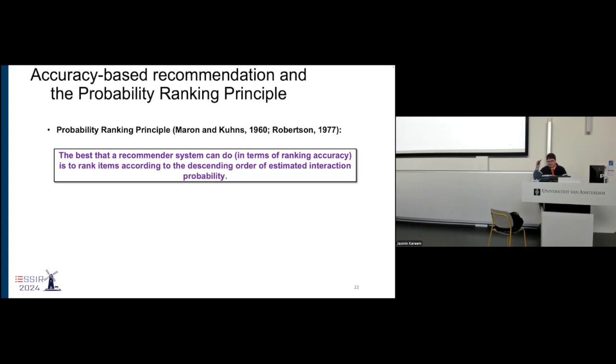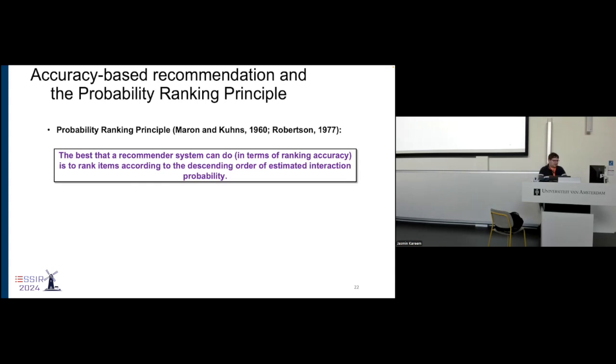Basically, the probability ranking principle says that if we're interested in ranking accuracy, the best we can do is to very accurately estimate the probability of an item being relevant to the user and order items according to this estimated relevancy.